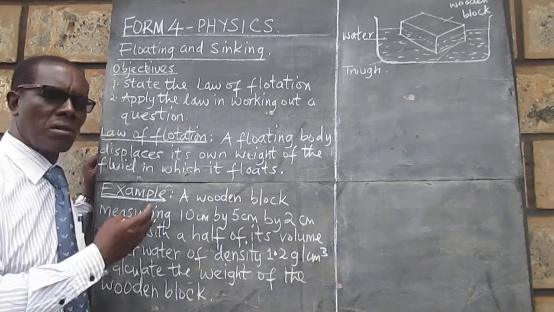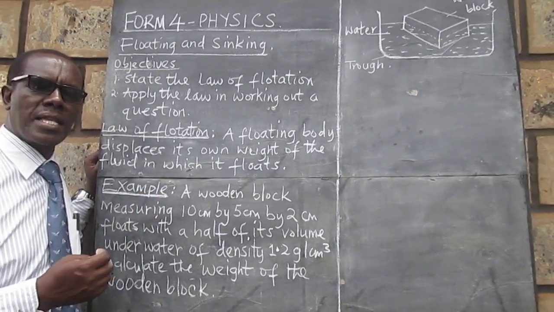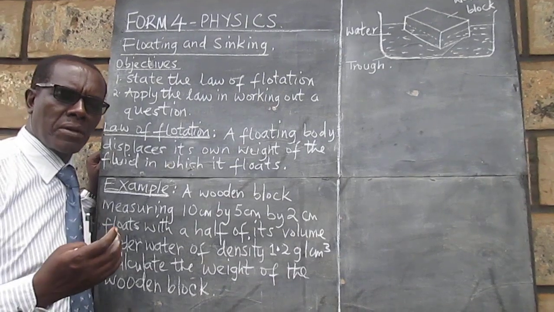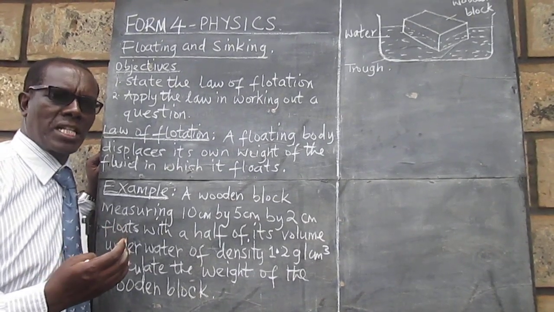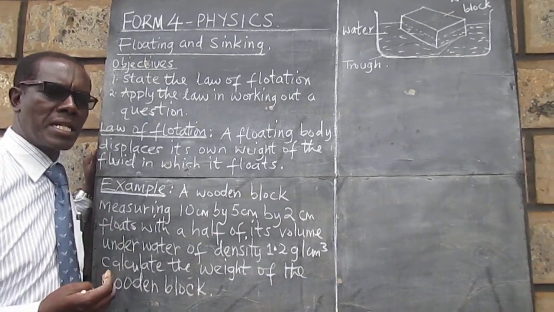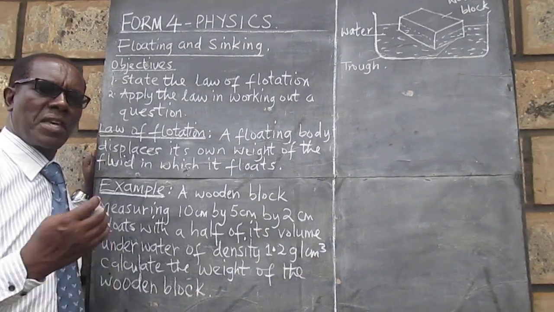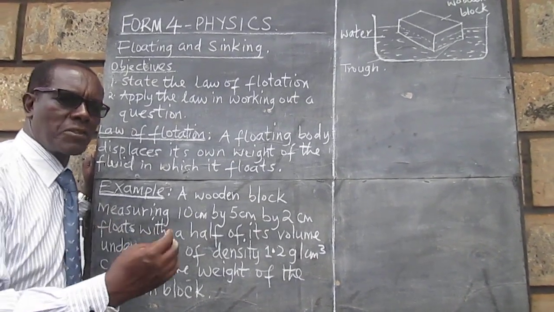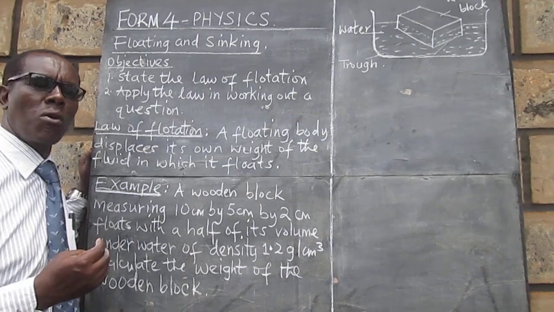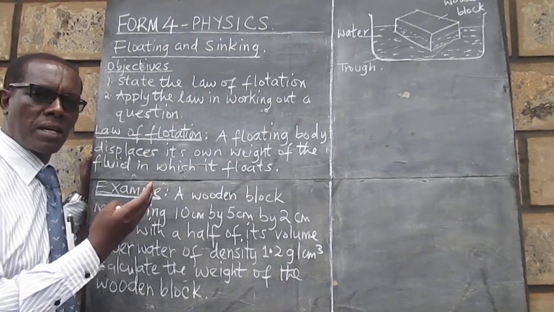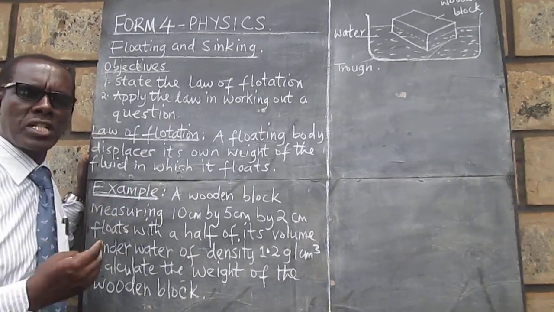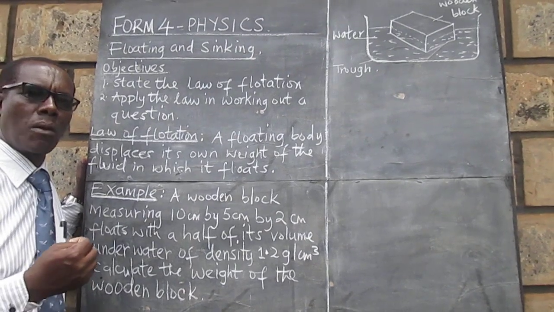So what the law says in this case is that if that volume of water was to be weighed, the mass of that water displaced will be equal to the mass of the object that is floating in that water.